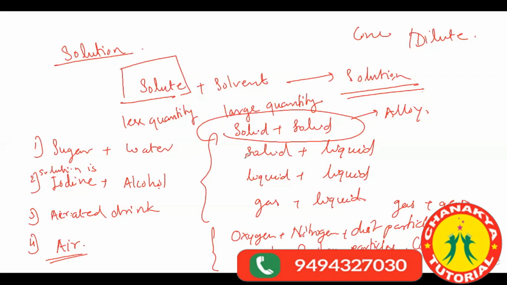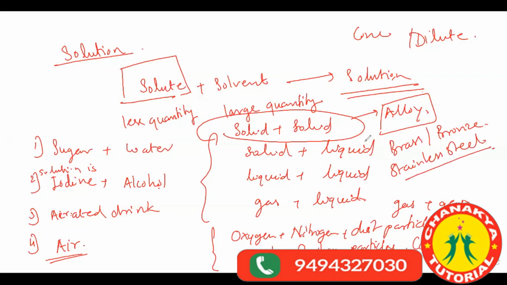Alloy? Can you give me an example of an alloy? Brass. Okay, brass. Then bronze. Then stainless steel. Right? And even nichrome. Nichrome wire is also there. That is also nothing but what?